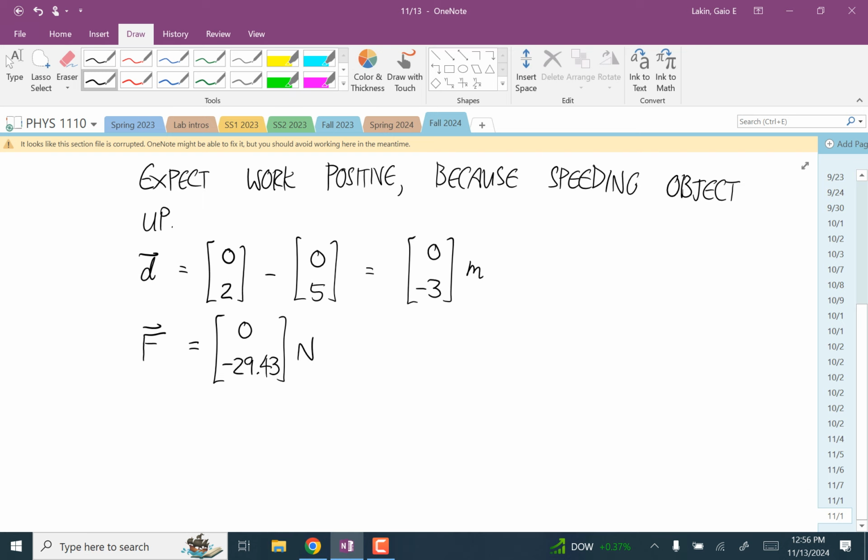And now that we have those two things, we can calculate the work. The work is equal to 0, so that's the x component of the force, times the x component of the displacement, which is also 0, plus the y component of the force, times the y component of the displacement.